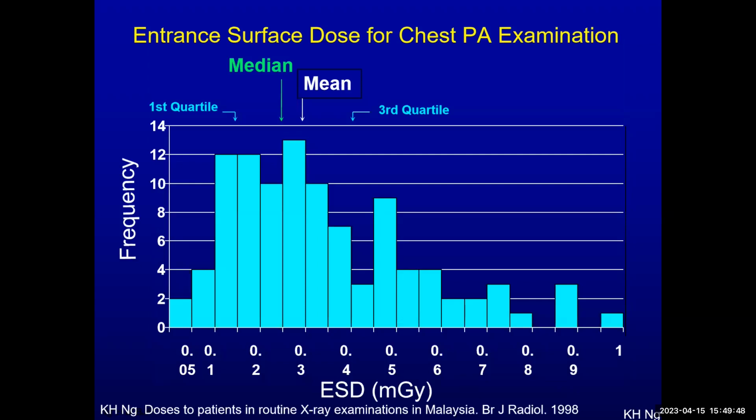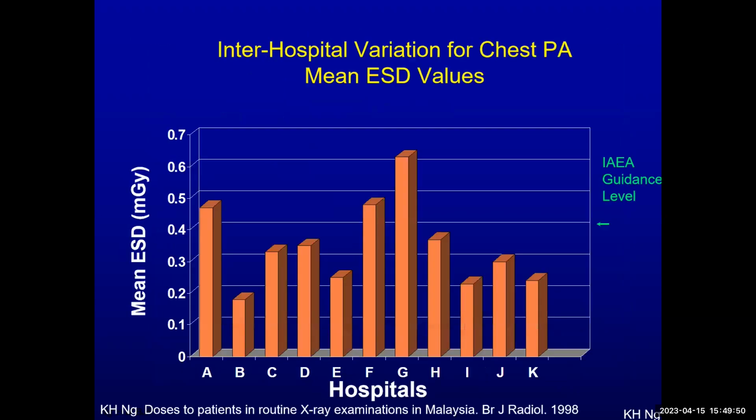We plot also different hospitals on the same chest adult patient, and you see hospitals A to K, and the IAEA guidance level, which is actually the DRL at this level, 0.4 milligray. Some hospitals are above, some are below.